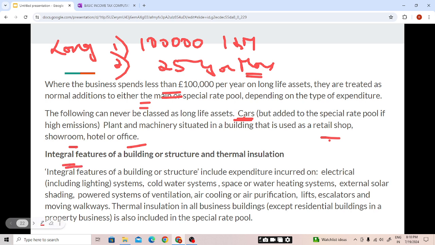Integral features include electrical systems, cold water systems, heating systems, ventilation systems, air cooling, air purification, lifts, escalators and moving walkways. Thermal insulation applies in all business buildings except residential buildings in a property business. If we are doing a property business, it will be included. If not, it will not be included.